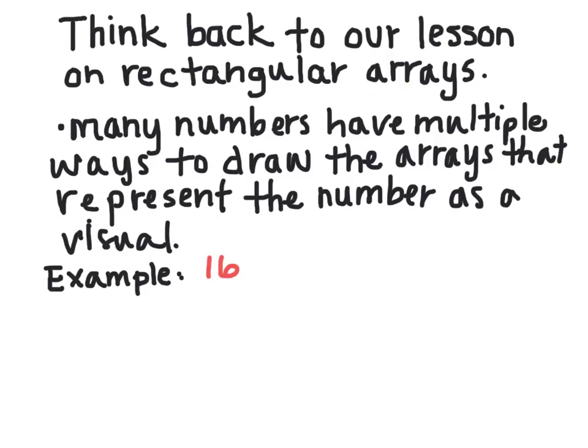Now, I want you to think back to our lesson on rectangular arrays. You should remember that many numbers have multiple ways to draw the arrays that represent the number as a visual. For example, we have 16. 16 can be 1 times 16 as one of its arrays.